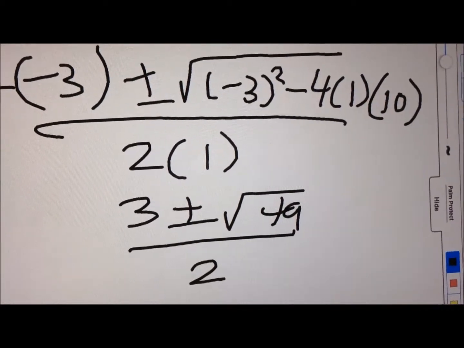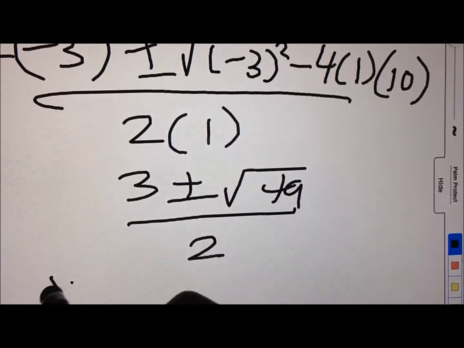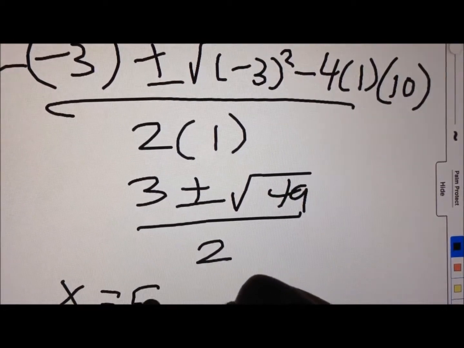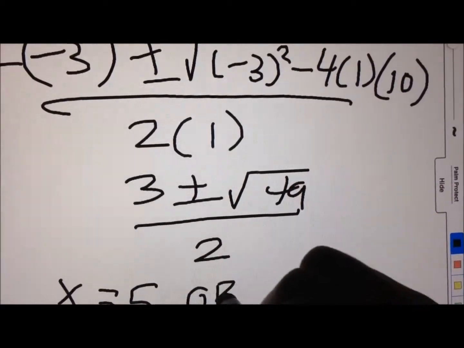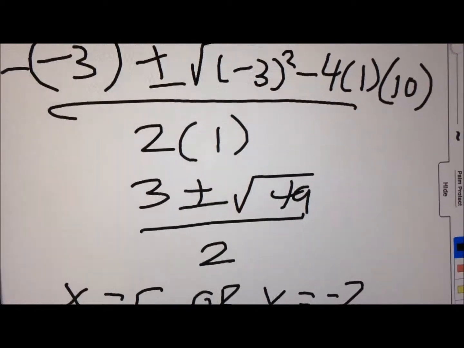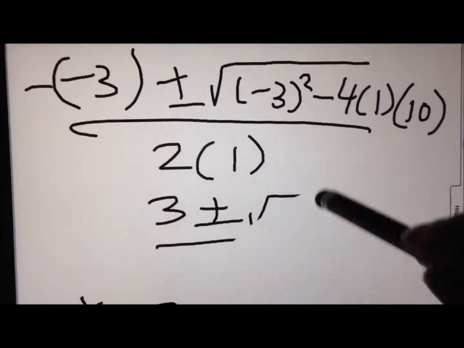So your final answer will be x is equal to 5 or x is equal to -2. So that is solving through the quadratic formula.